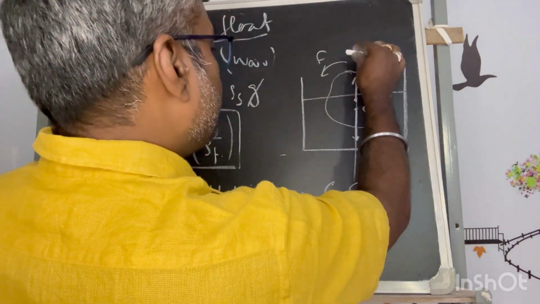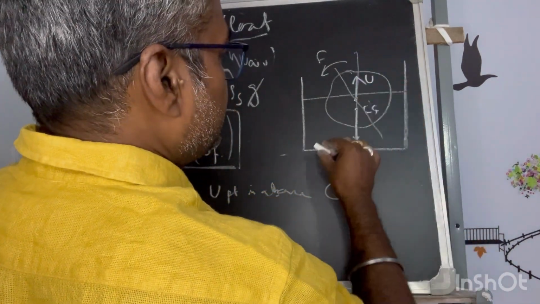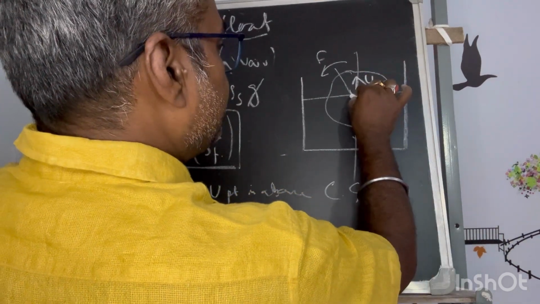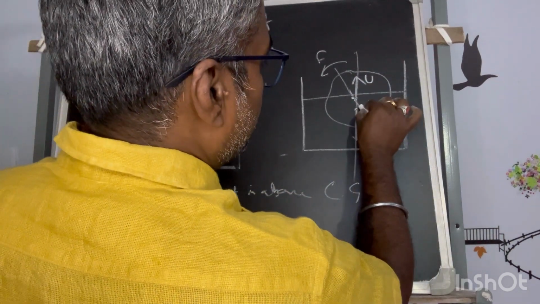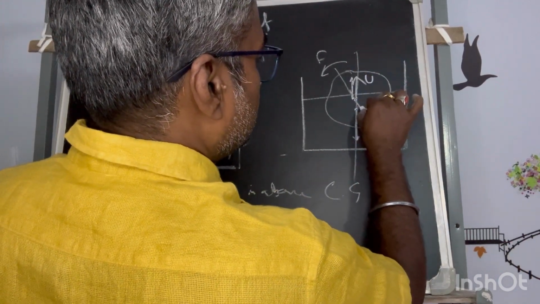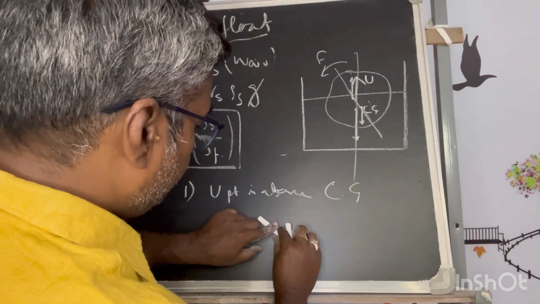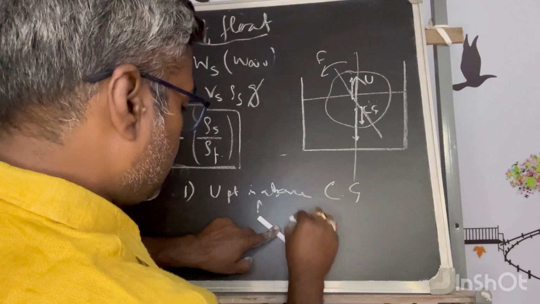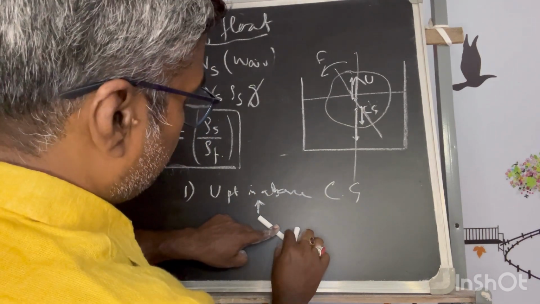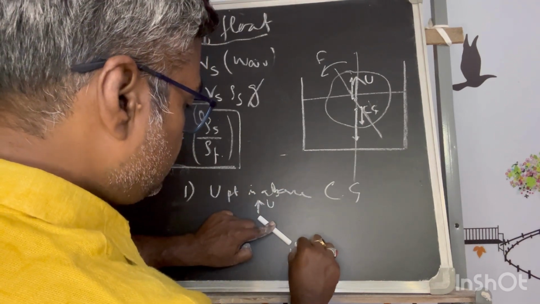Now when I put a force anti-clockwise, this line of force will deviate from this, and this point will shift to some point here, and this point will shift to some point there. Now buoyancy is always acting upward and the weight is acting downward, so this will create some torsion. This is the line of force of U, and this is the line of force of weight.